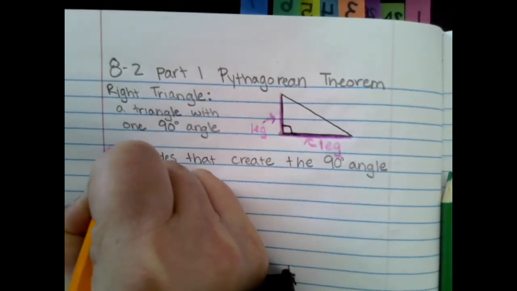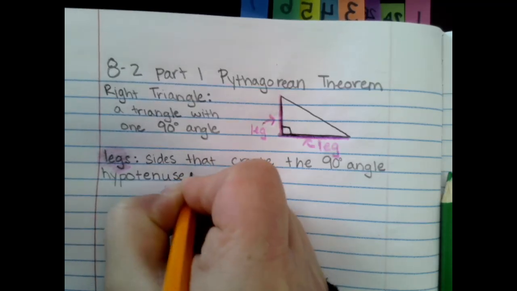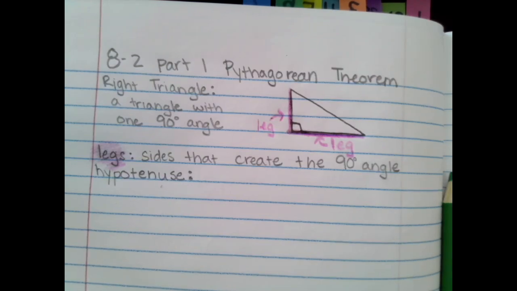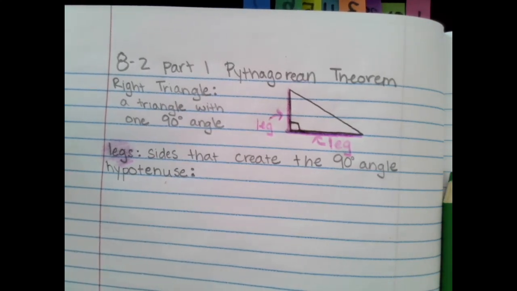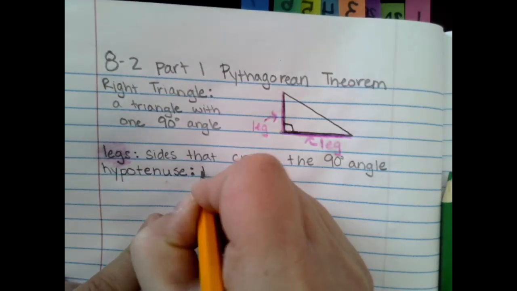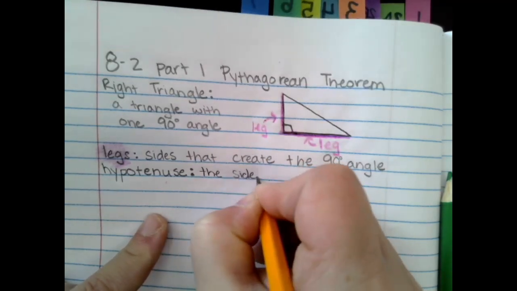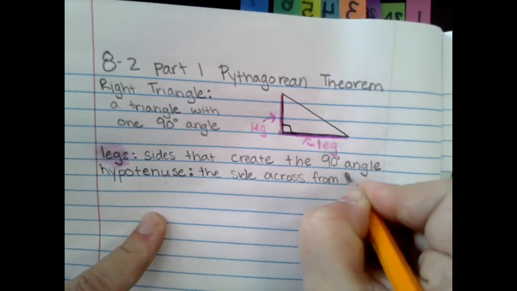It's spelled hypotenuse. All right, hypotenuse is the side across from the 90-degree angle.